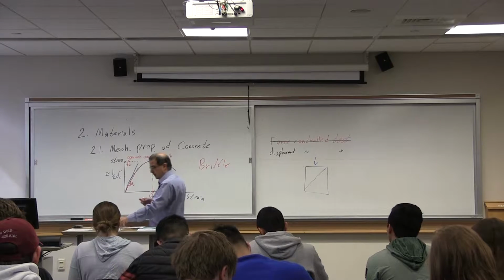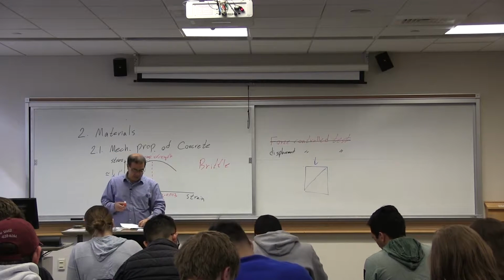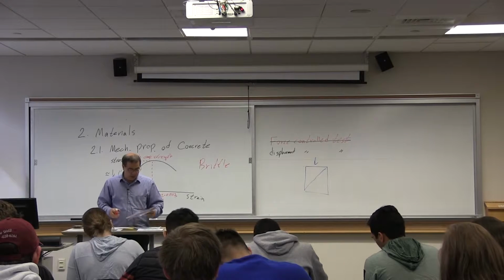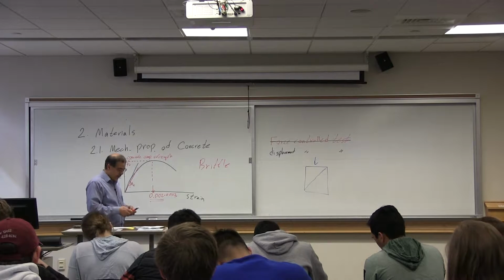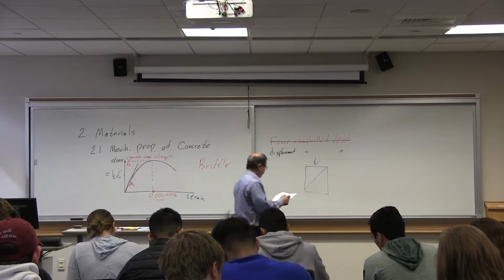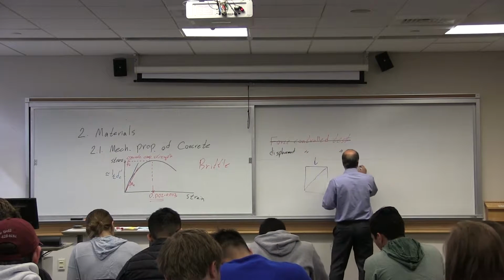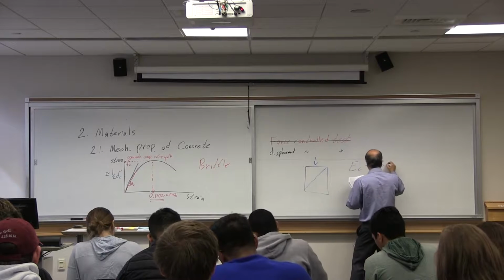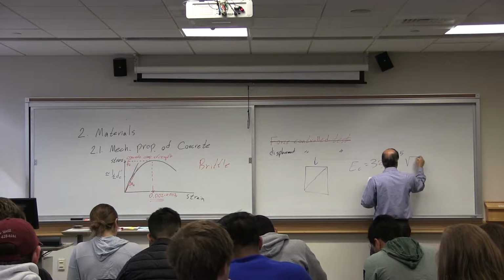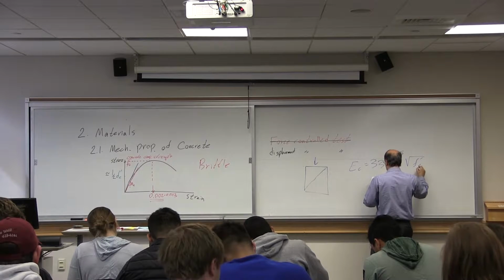This modulus of elasticity, Ec, based on ACI, can be calculated from 33 wc to the power of 1.5 times the square root of f prime c.